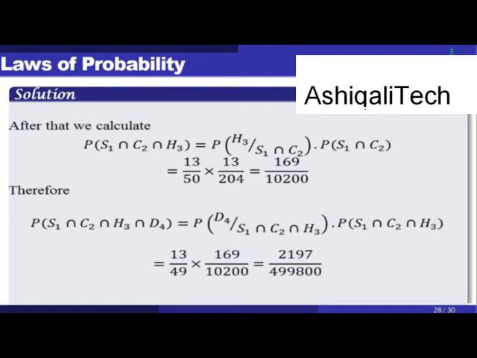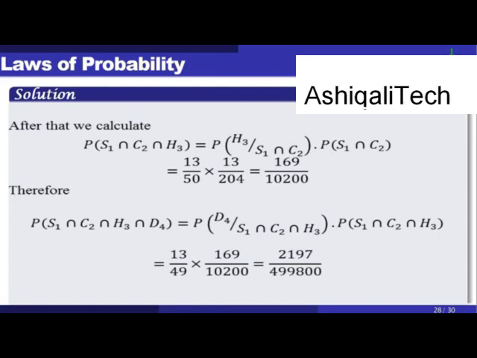Therefore, in the last step, we can calculate probability of S1 intersection C2 intersection H3 intersection D4, and it is given by probability of D4 given S1 intersection C2 intersection H3 times probability of S1 intersection C2 intersection H3.